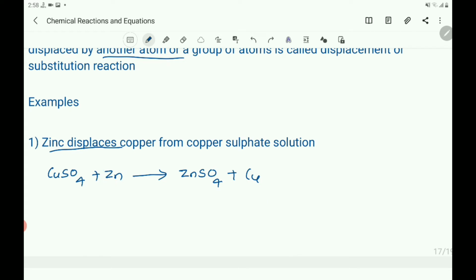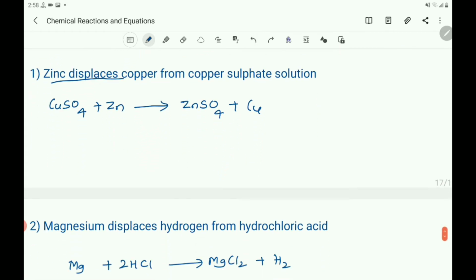The chemical equation is CuSO4 plus Zn gives ZnSO4 plus Cu. These two are exchanged. Here zinc displaced copper from the copper sulfate solution, and you know that zinc is more reactive than copper, therefore zinc displaces copper from its solution.